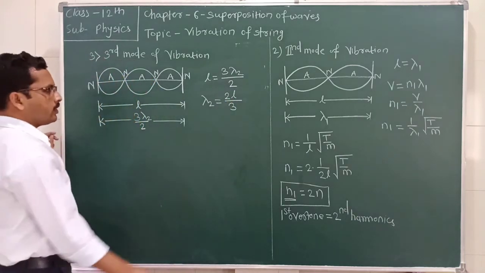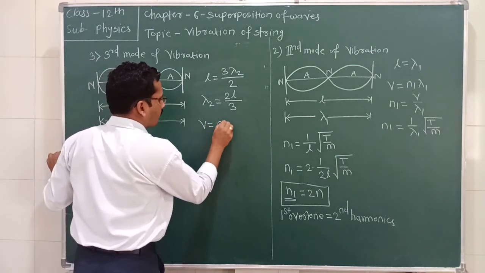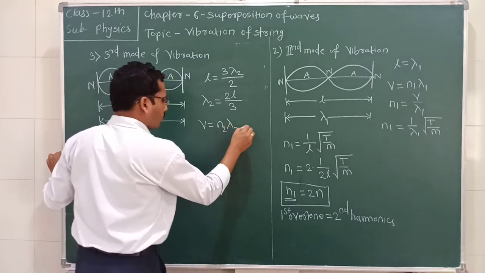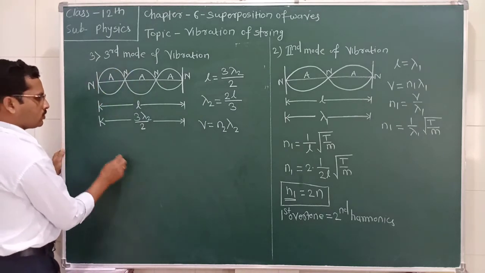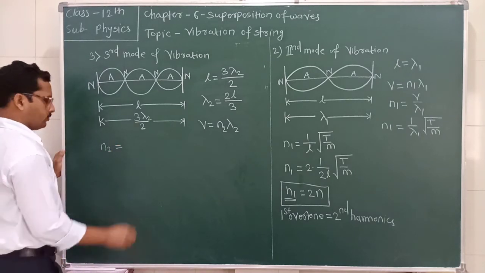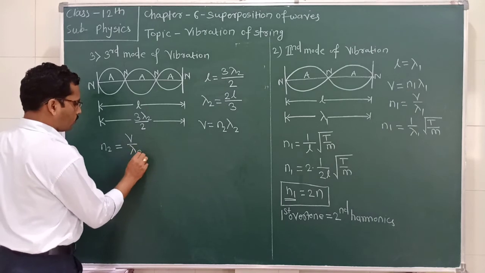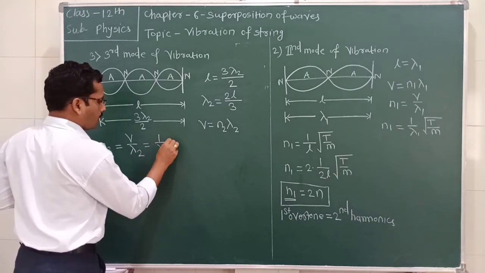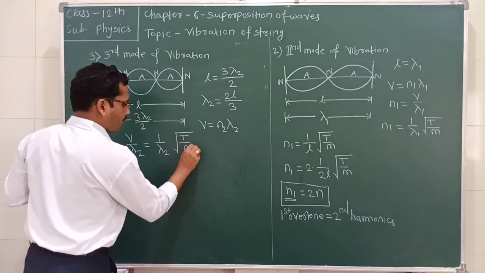So we know that velocity V is equal to n multiplied by lambda. So we can write here n2 into lambda 2, as we are in the third mode of vibration. So n2 is equal to V divided by lambda 2, which is equal to 1 by lambda 2 into under root T by m.